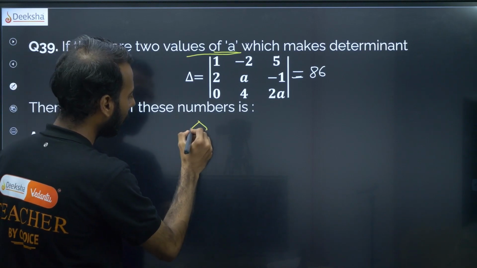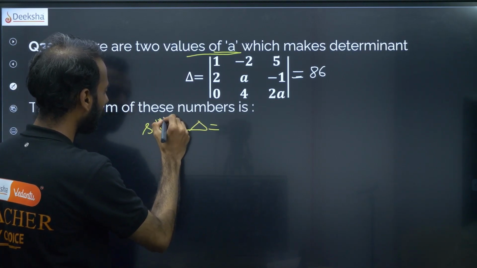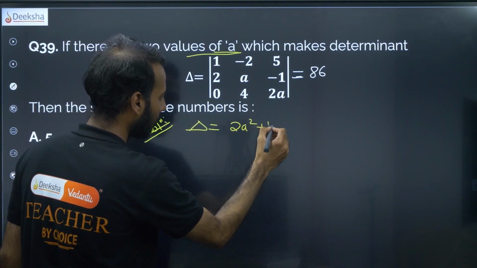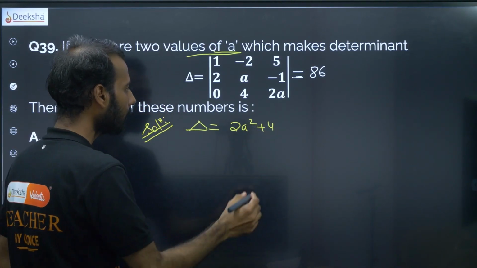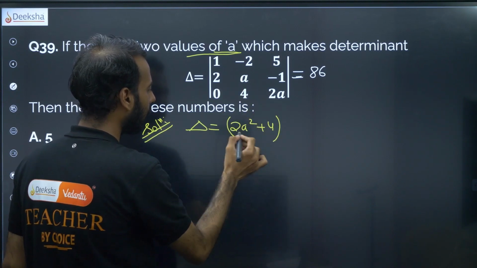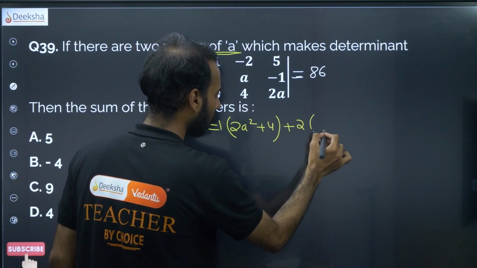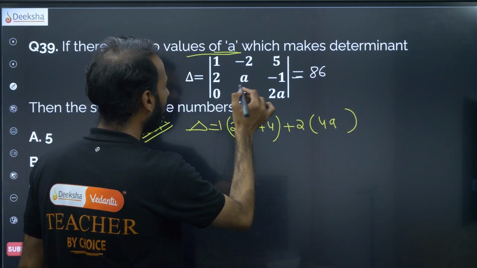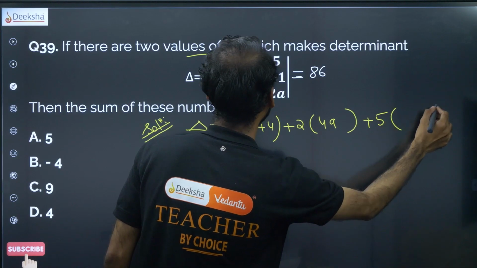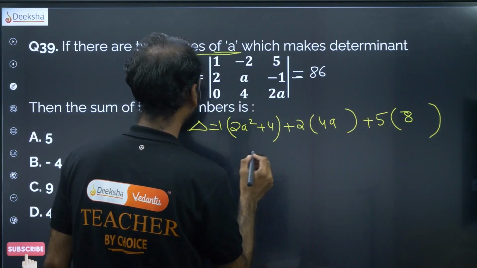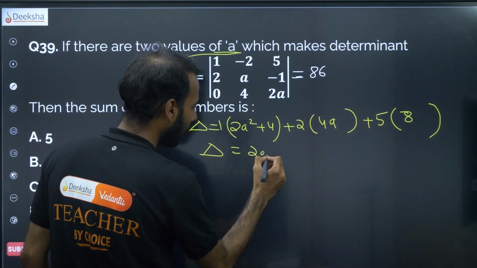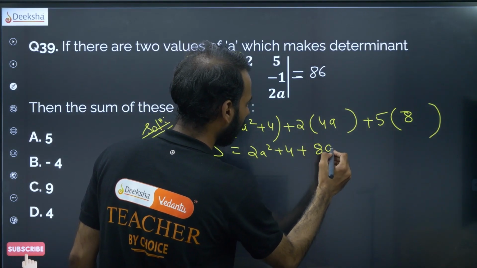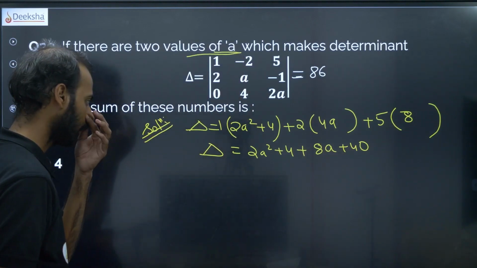So first let me simplify. Delta is equal to 1 times (2a square plus 4), this and this you multiply. Next plus 2. I hope everybody knows how to solve the determinant. 2 2s are 4. a 0 plus 5 8. So delta is equal to 2a square plus 4, 8a plus 5 8 is 40.